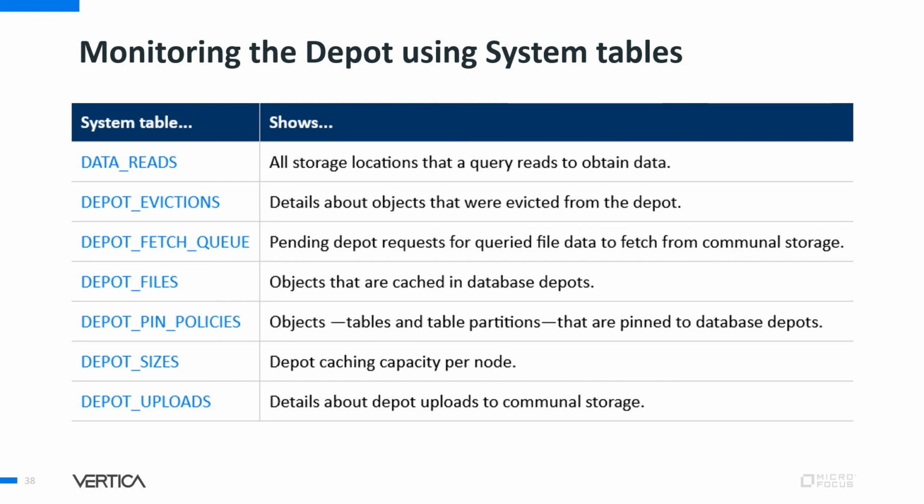So it can be any reason, and you can use this table to check what exactly the reason is. Depot_files: you can use this table to check what all the objects are cached in the database depot. You can use a system table called depot_pin_policies. This will show you the list of objects that are pinned on the depot. Like this, you can use these system tables to check the various depot activities to optimize the depot in your database.